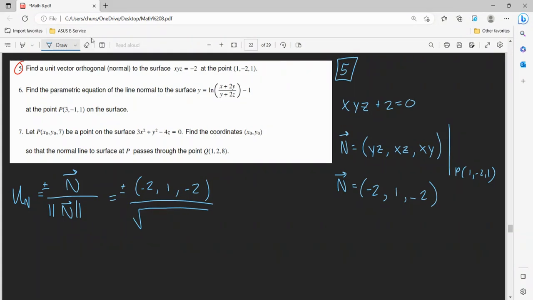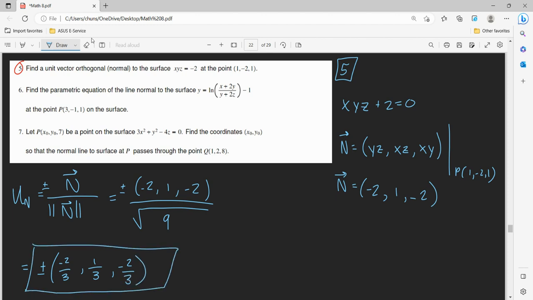Sorry, I am going crazy. I'm so sorry. This is equal to positive or negative, negative 2 over 3, 1 over 3, and negative 2 over 3. So this would be the answer for question 5.